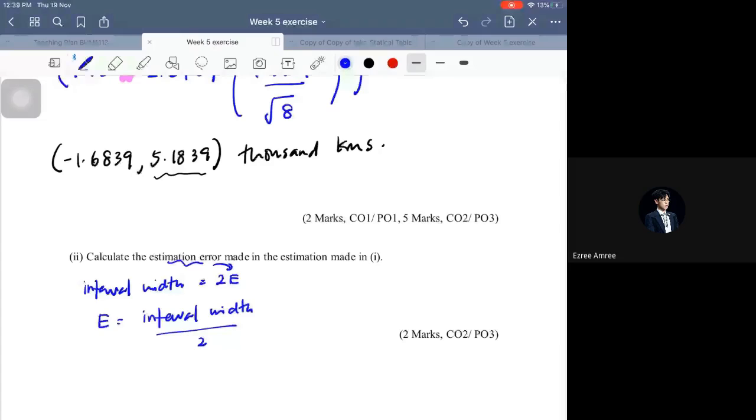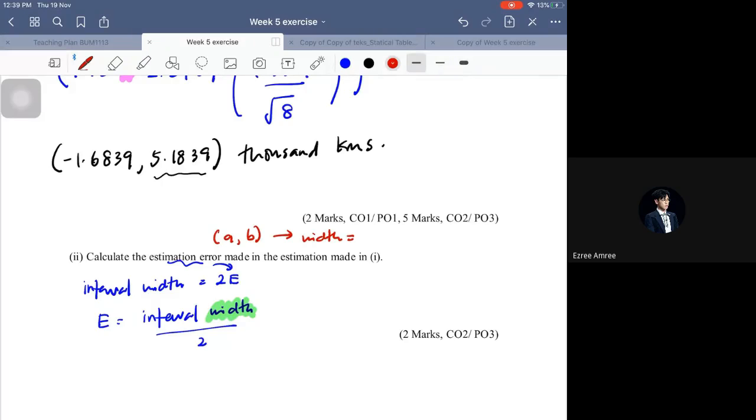But how do we calculate the width of a confidence interval? If I have a confidence interval with lower limit A and upper limit B, the width is going to equal what? B minus A, exactly.